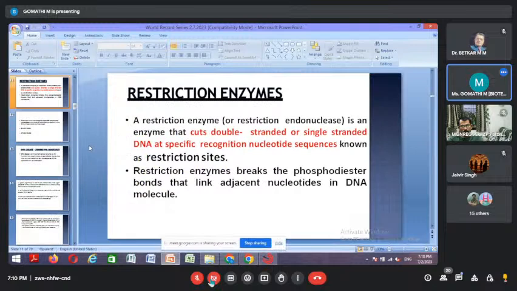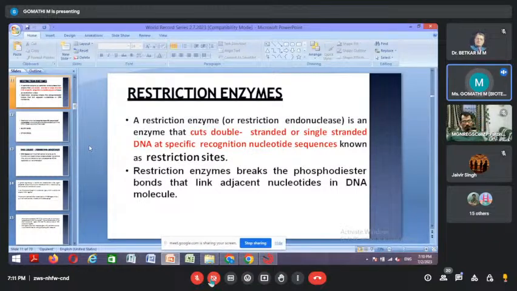The first, restriction enzyme. A restriction enzyme, commonly called restriction endonuclease, is an enzyme that cuts either double-stranded DNA or single-stranded DNA at a specific recognition nucleotide sequence called the restriction site. The specific sequence where an enzyme cuts the DNA is called a restriction site.